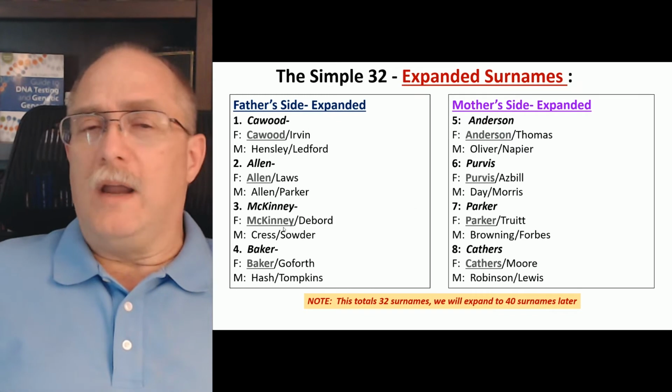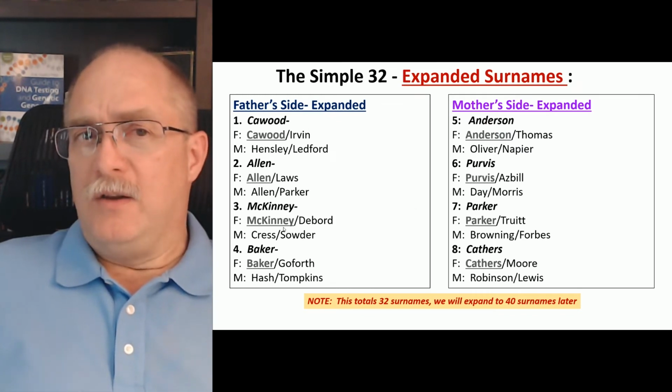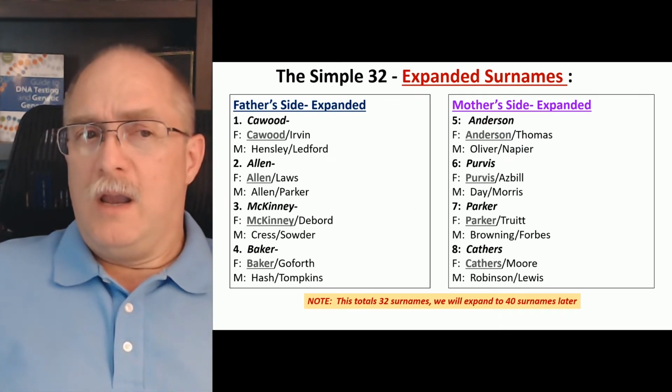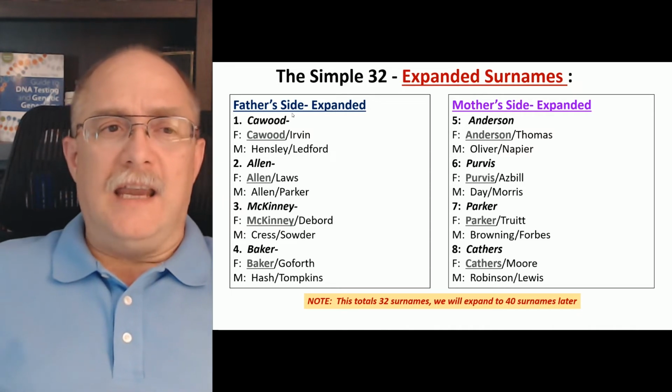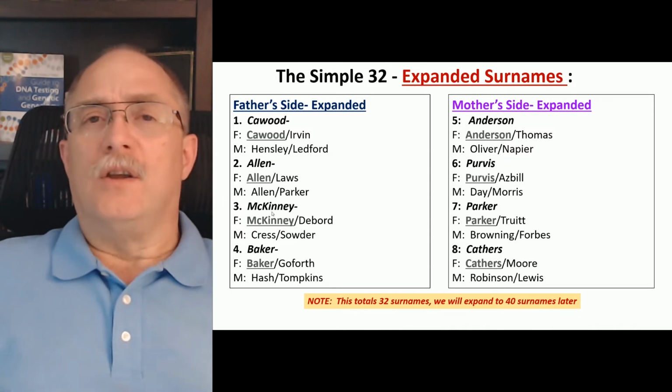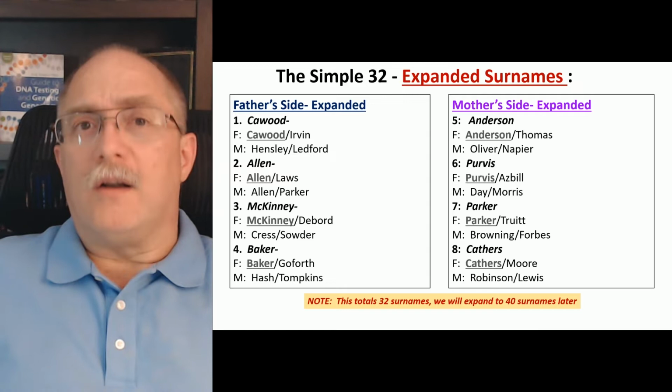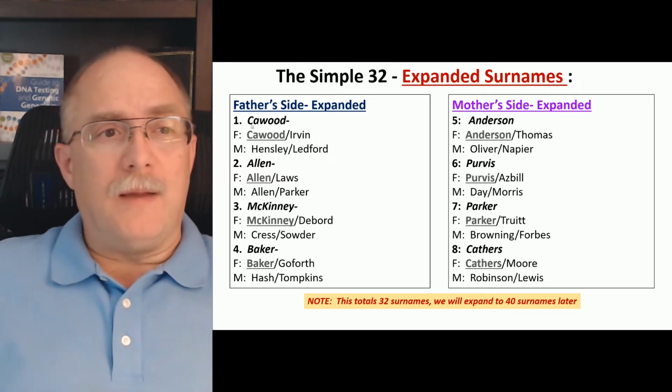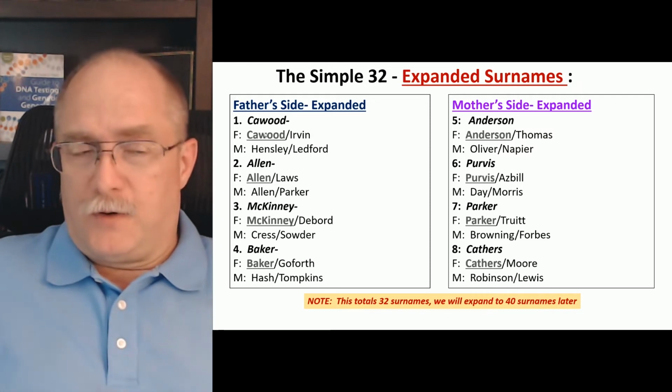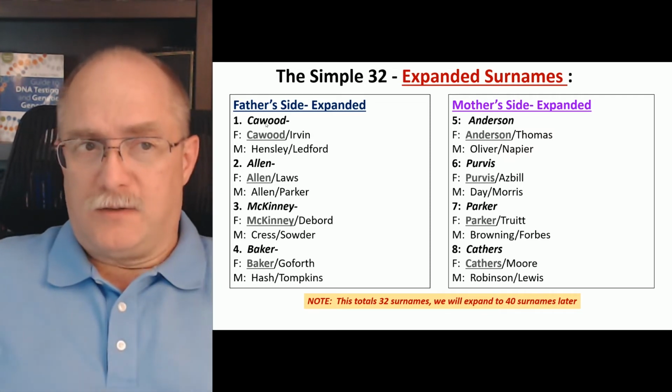What we do, and this is the simple part, you expand it to 32. And what you do here is each one of those great grandparents, who are their grandparents. So each one of them have 4 grandparents. You add Kaywood, which is the first surname, of course, because that's one of the 8.